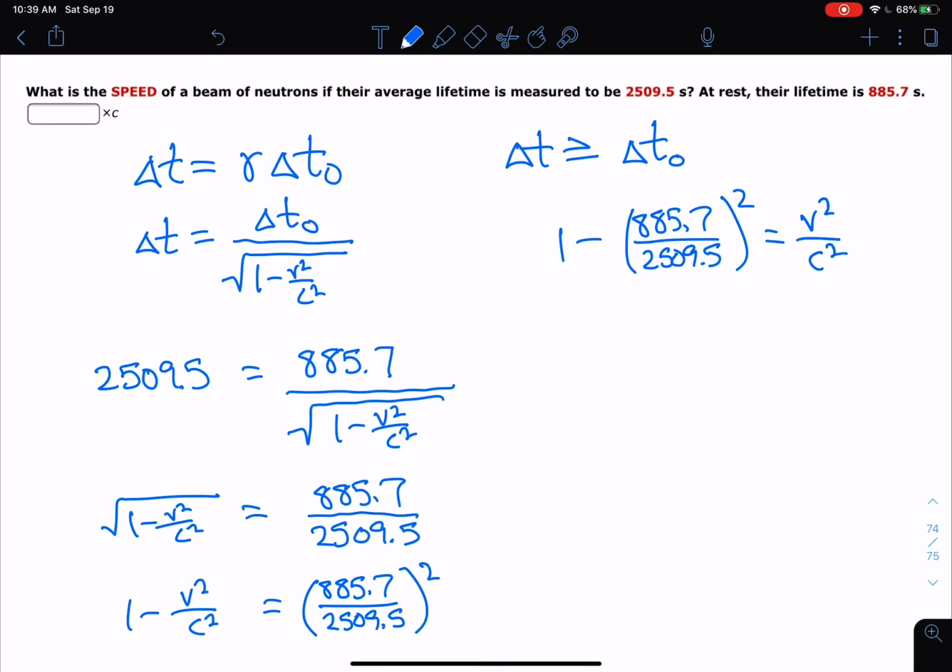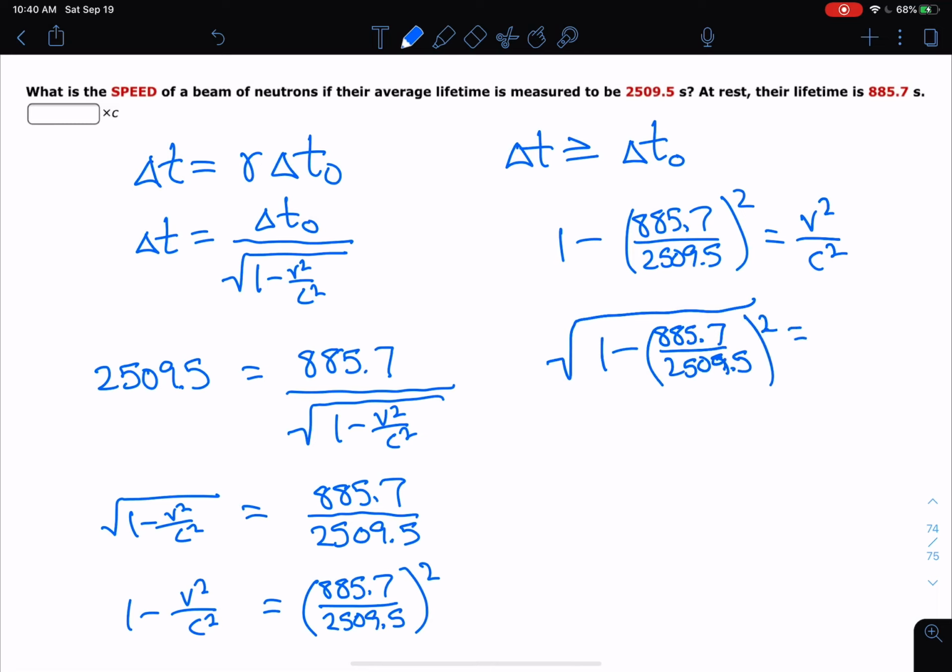All right, and now we're solving for v, so we can take the square root of both sides. The square root of 1 minus 885.7 over 2,509.5, squared, equals v over c. And now I'll go ahead and plug that all into my calculator.